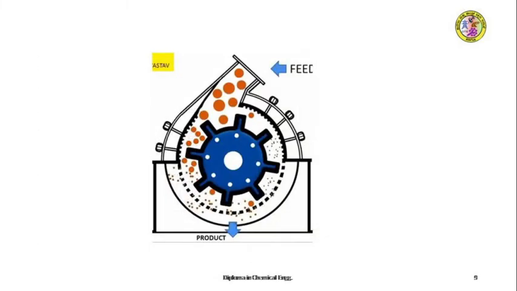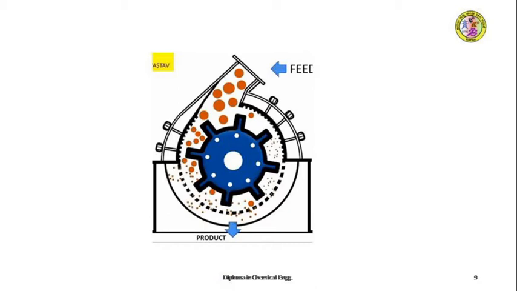This is another simple sketch of a hammer mill, where you can see that the rotor is rotating inside the casing and the feed enters from the top. The feed is radially thrown out by the swinging hammers and gets reduced to smaller size, finally coming out from the bottom of the casing.